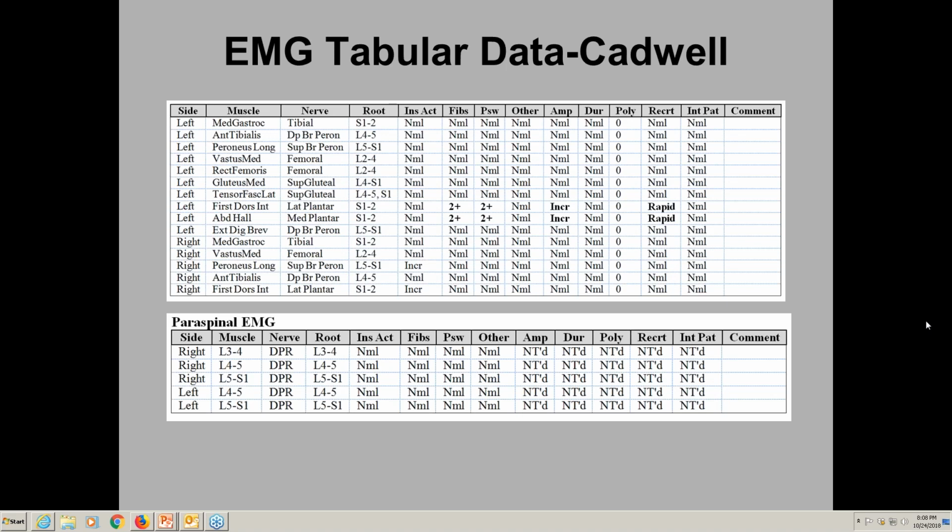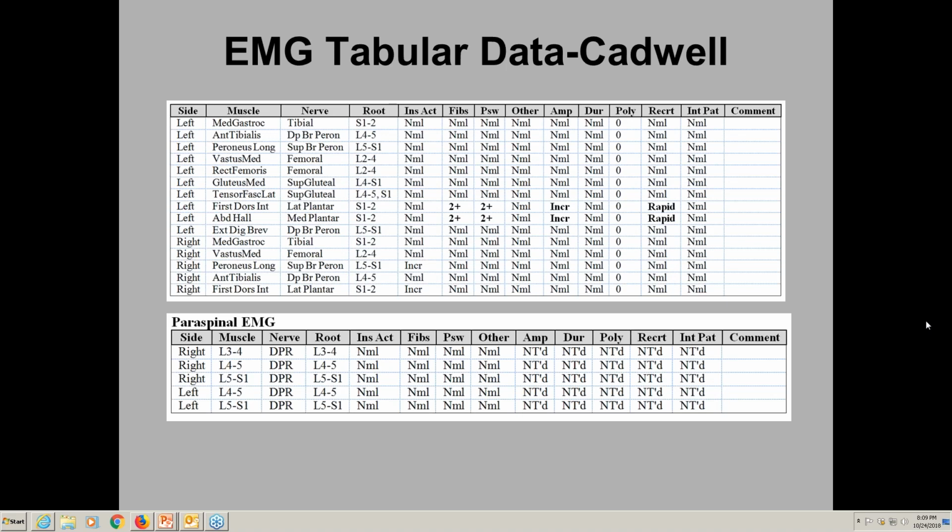The left first dorsal interossei and abductor hallucis muscles exhibit fibrillation potentials and positive sharp waves and rapid recruitment. Is that all? Oh, and increased amplitude motor units.